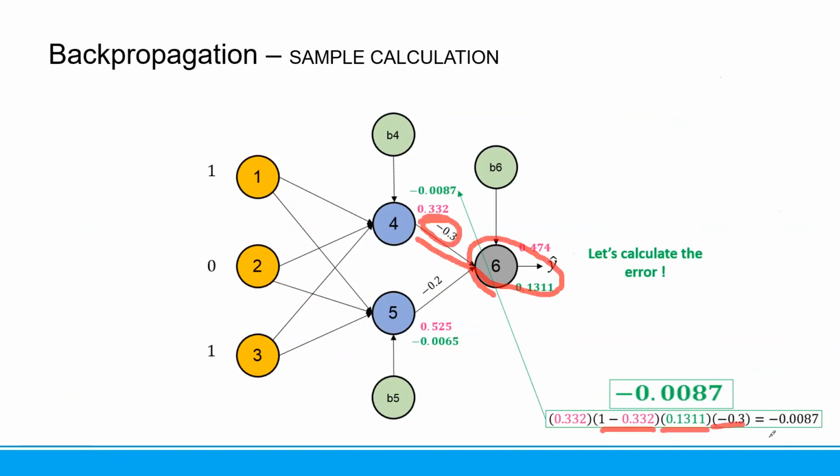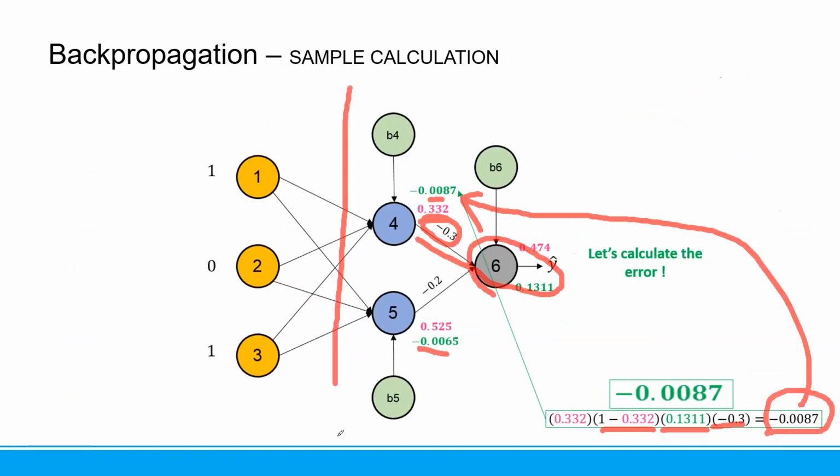Then this is the value, and we put it as the error in unit 4. What we need to calculate is only the error until the first hidden layer, so you don't need to calculate the error in the input layer again.